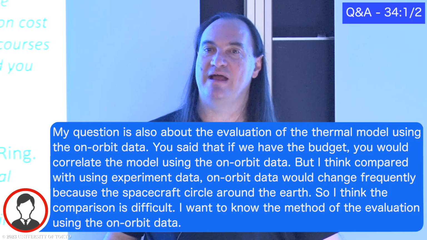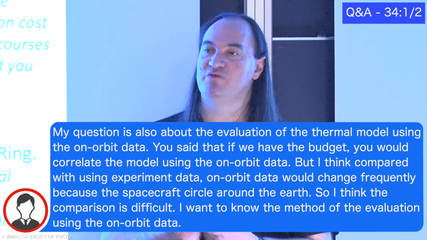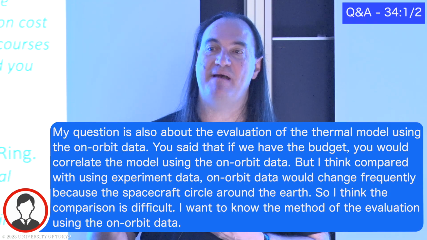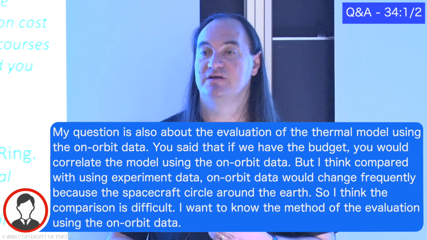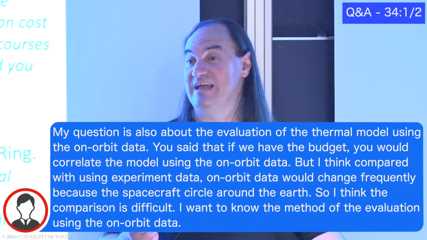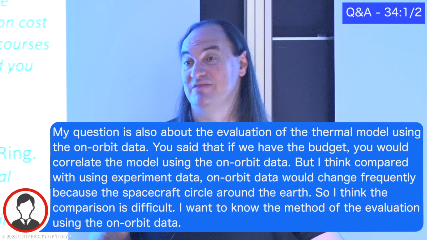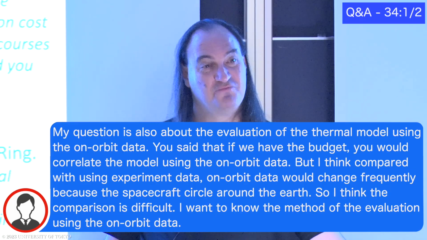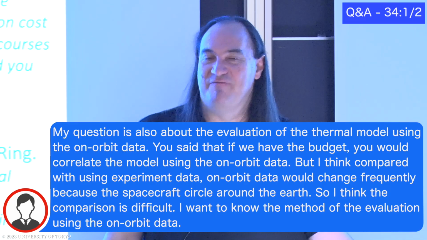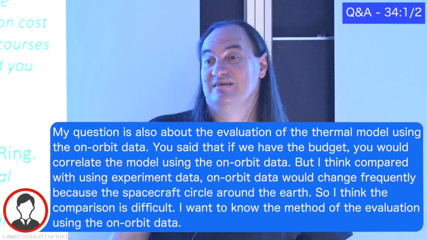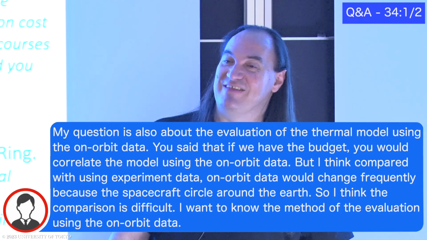It's really at that point gathering as much data as you can to make inferences about what could be impacting the change. But correlating to transient is difficult. In the end, most of the time, the flight ops question is, is it within limits? Great. If it's breaking limits, then they're worried about it. But if it's within limits, it's really only the thermal engineer that cares that it's off by 5C.